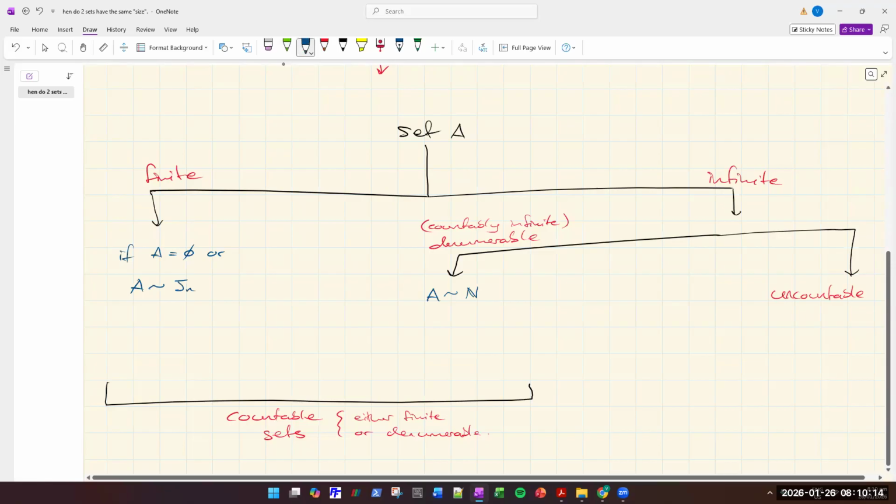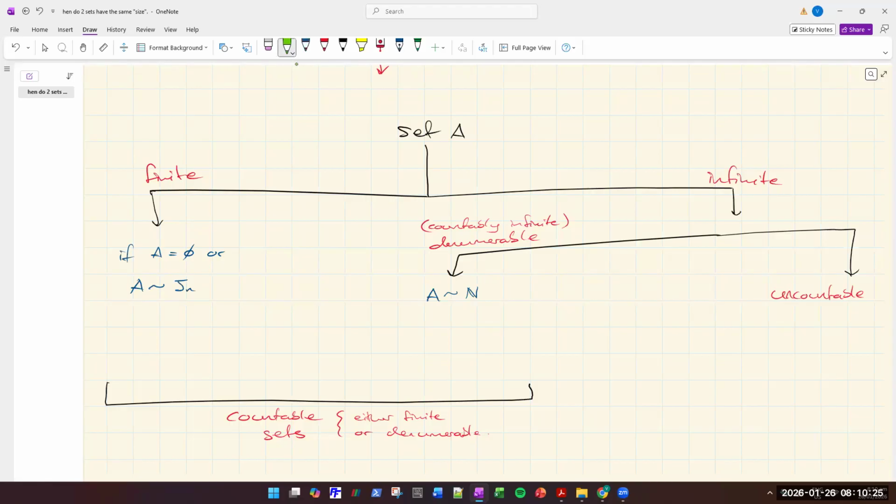And so we know all the examples of the finite sets. Just pick a set with a finite number of elements in it. But we came across some examples of denumerable sets.